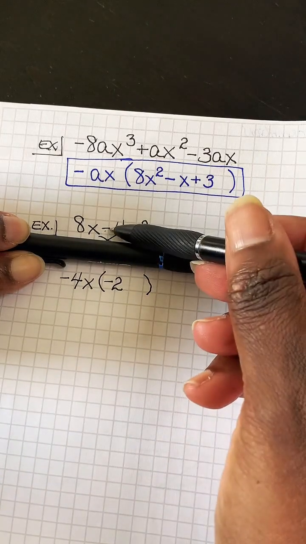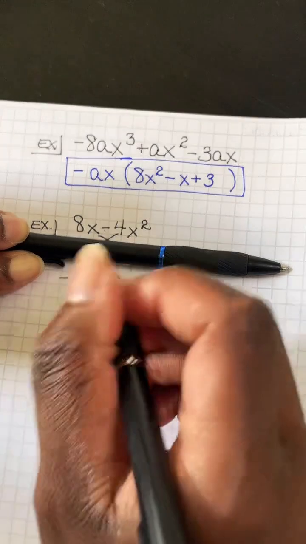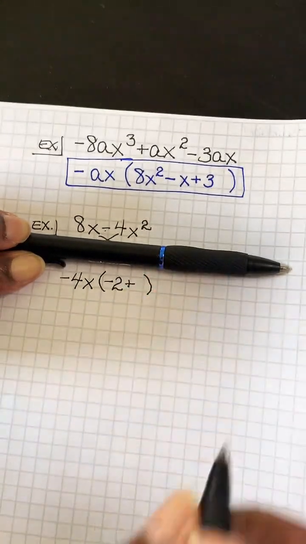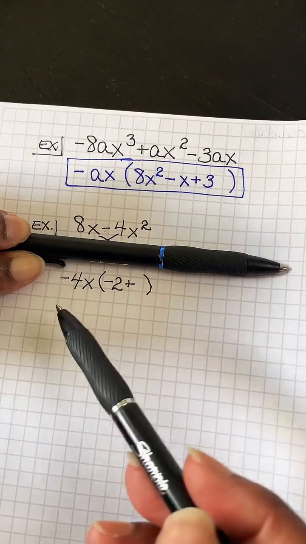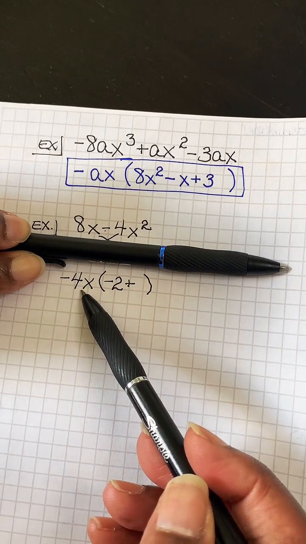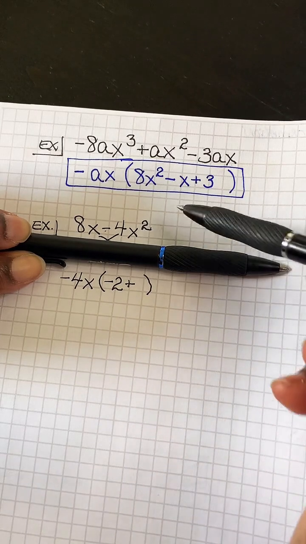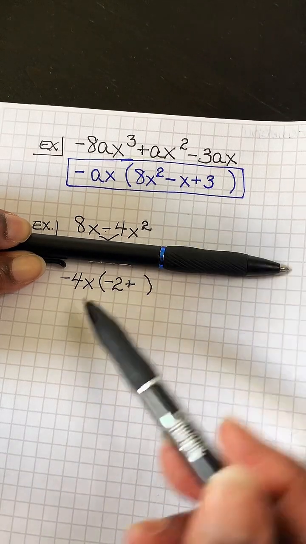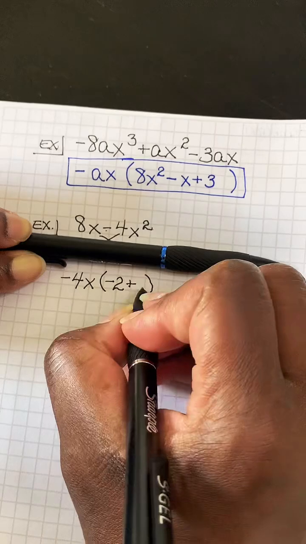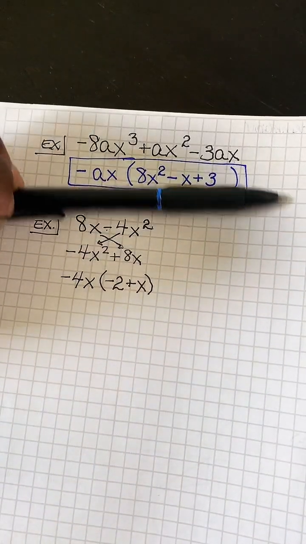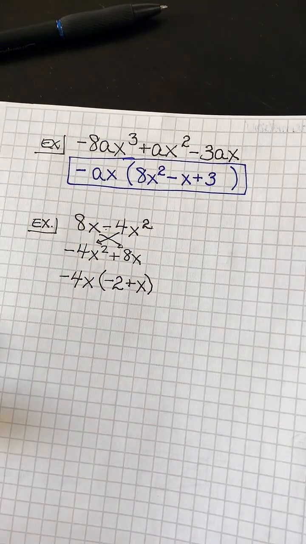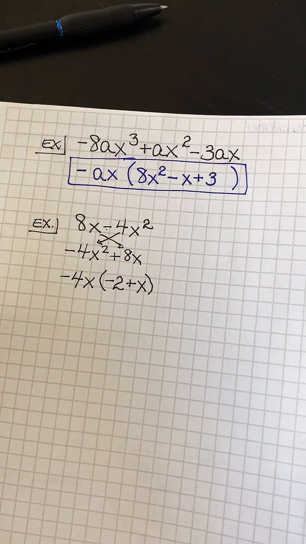A negative divided by a negative is a positive, and you have 4x squared divided by 4x. There were 2 x's here, there's 1 x there, so that means there is 1 x that remains. Good. Nice.